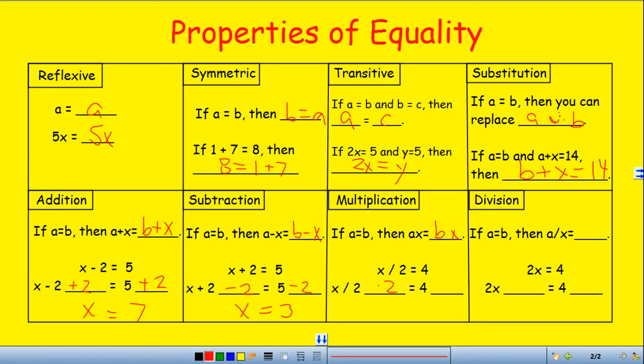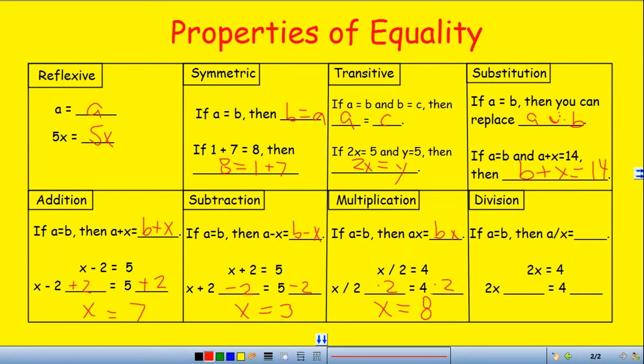And my multiplication property of equality allows me that whatever I do on the left side, I also can do on the right side. So that will cancel out. 2 divided by 2 is 1. So that leaves me with x on the left side. And it leaves me with 8 on the right side.